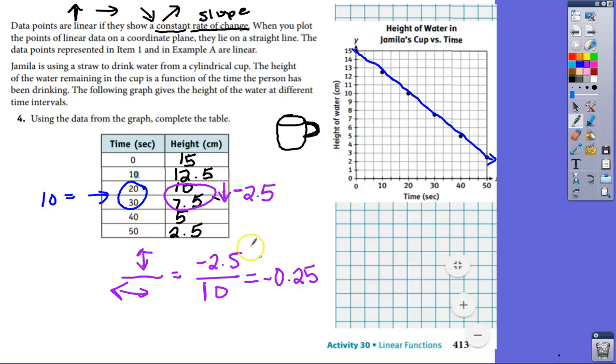So we see that this right here has a slope of negative 2.5. We really want to make sure it has to be consistent. I'm going to check this one too. 40 to 50 changes by 10. And 5 and 2.5. So that would be 5 minus 2.5 is going to give me negative 2.5 again. Alright, so those match, and because they match, it's saying it's a constant slope.